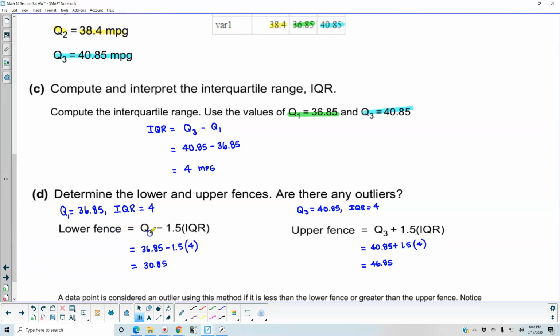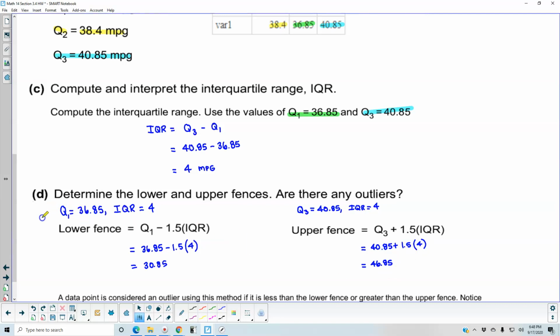So the lower fence is 36.85 minus 1.5 times 4, which gives us 30.85. For the upper fence, we use quartile 3, which is 40.85, and the interquartile range of 4. So the upper fence is 40.85 plus 1.5 times 4, which gives us 46.85.